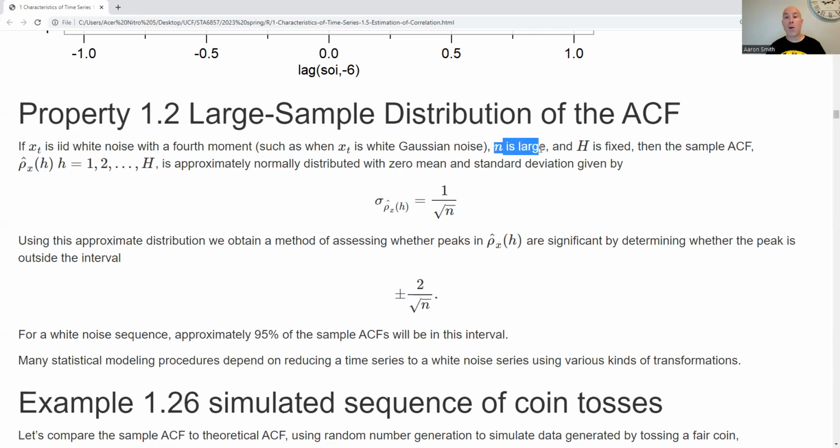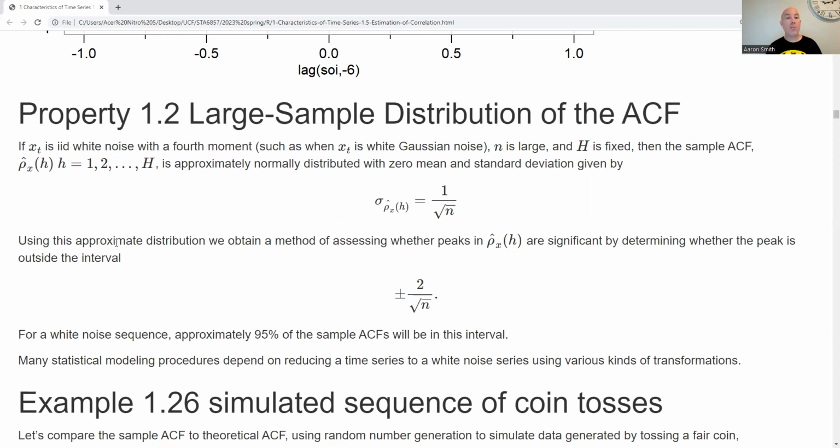If we assume that n is large and h is fixed, then the sample autocorrelation, rho hat, for lags 1 through capital H, oh, sorry, I misspoke, this is capital H, so this is the range of possible lags, is approximately normally distributed with zero mean and standard deviation given by 1 over the square root of n. That's nice because now I have a probability distribution for my autocorrelation.